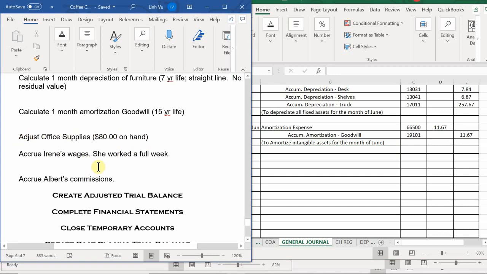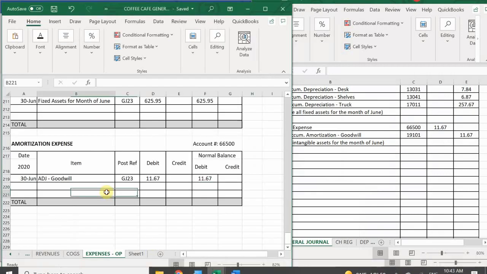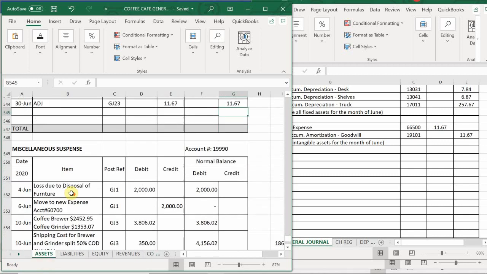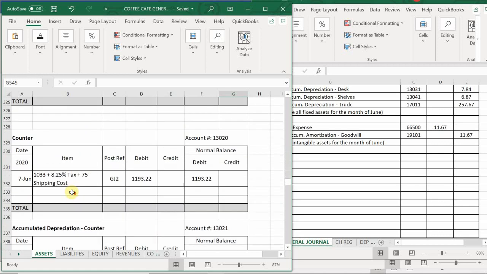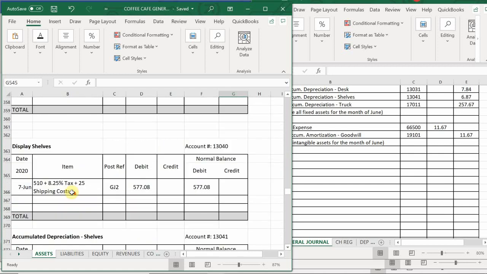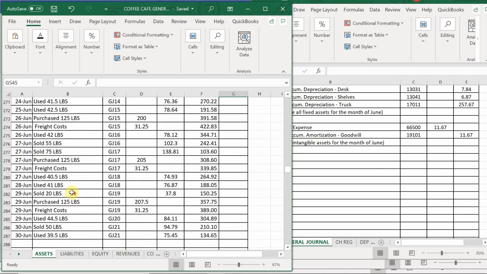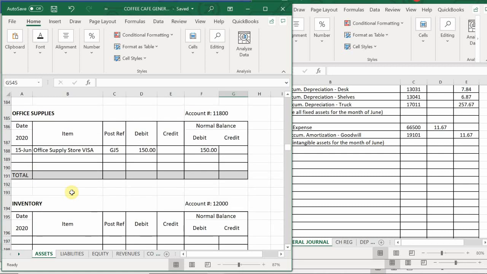So if you guys remember, by taking a look at your ledger, if I go to my office supplies account, which is in assets, let's see, how much do I actually have in my office supplies? $150.